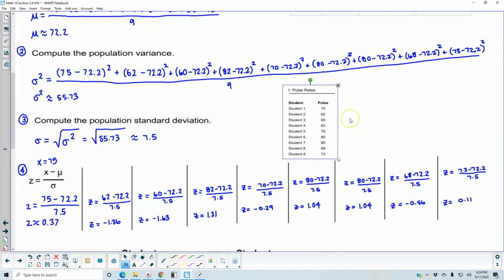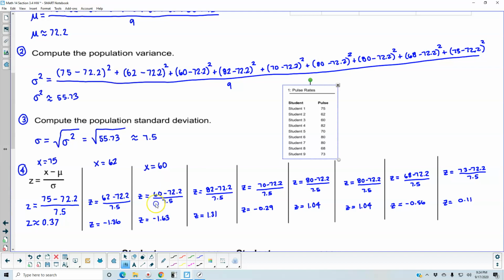The next one is 62. So x is 62, and we plug that into our z-score formula. z equals 62 minus the population mean, divided by the population standard deviation, to get a z-score of negative 1.36. Our next data value is x equal to 60.